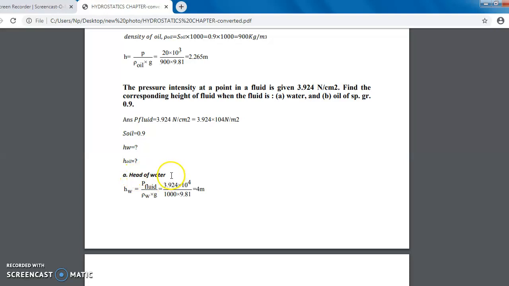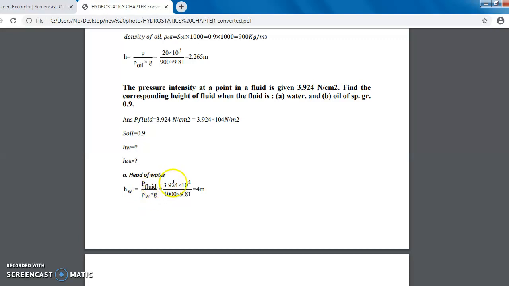All of you know the same formula, P is equal to rho g h. So here you have to calculate Hw, the head of the water. Hw is equal to the pressure P of that fluid divided by the density of the water into g.